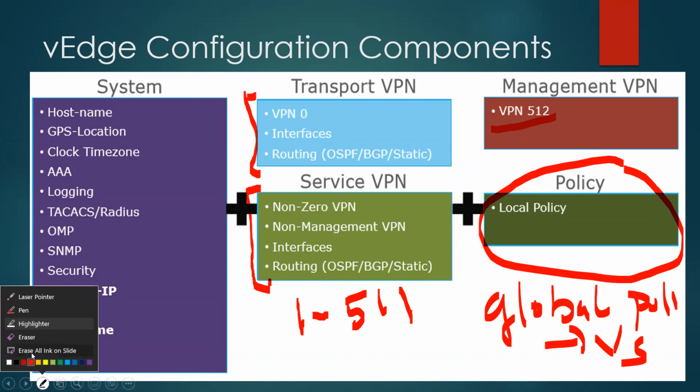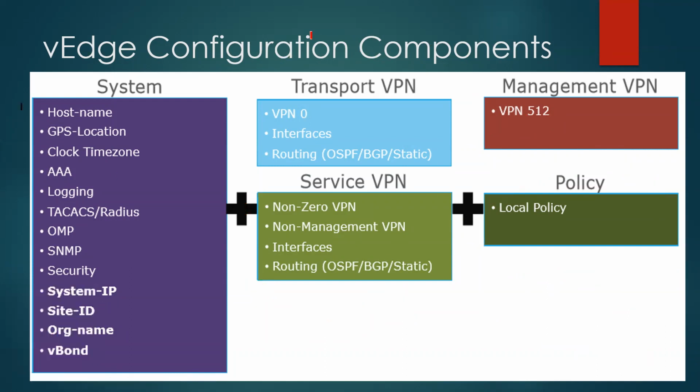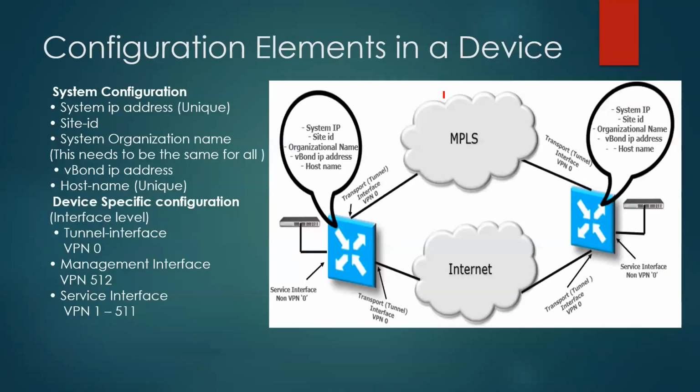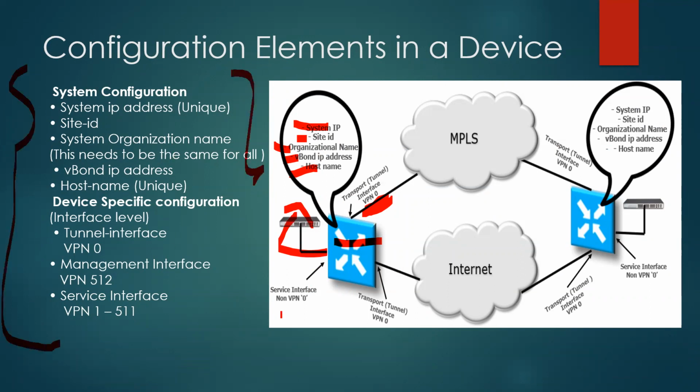Okay, so likewise, we have to follow our slides. They are built like this, so you will understand each and everything slowly. So in the device, what you have to do: system IP, site ID, organization, vBond, and host name. You have to configure VPN 0. You have to configure VPN 512 if you have some OOB IPs, etc. And once you do this, your bring up process will kick in.